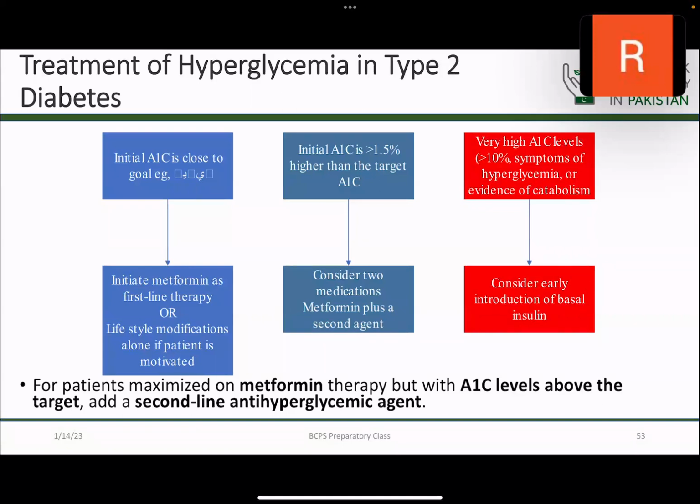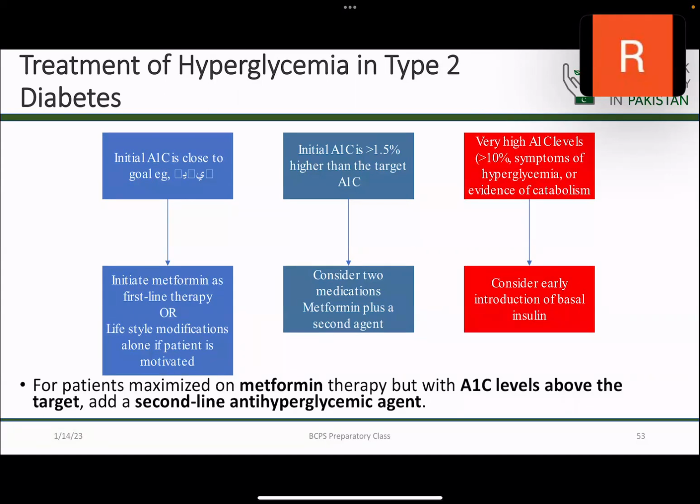So let's discuss treatment of hyperglycemia in type 2 diabetes. In type 2 diabetes, the treatment depends on the initial A1C level. If the initial A1C level in the patient is close to the goal, for example, less than 7.5%, then you can initiate metformin as first-line therapy.